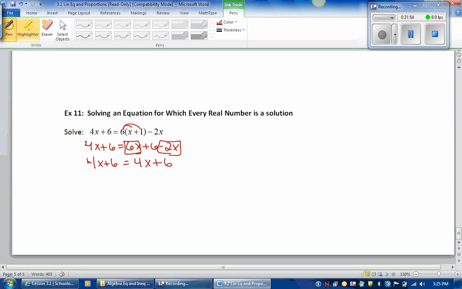At this point, you should notice that you've got 4x plus 6 is equal to 4x plus 6. The right-hand side is equal to the left-hand side. When something like this happens, your solutions are every single possible number that you could plug in. So your solutions are everything, all real numbers.